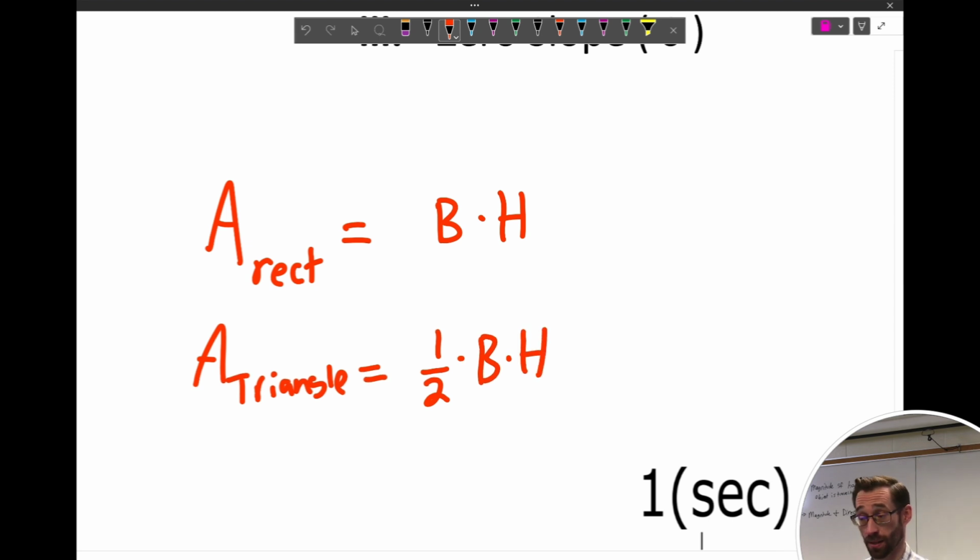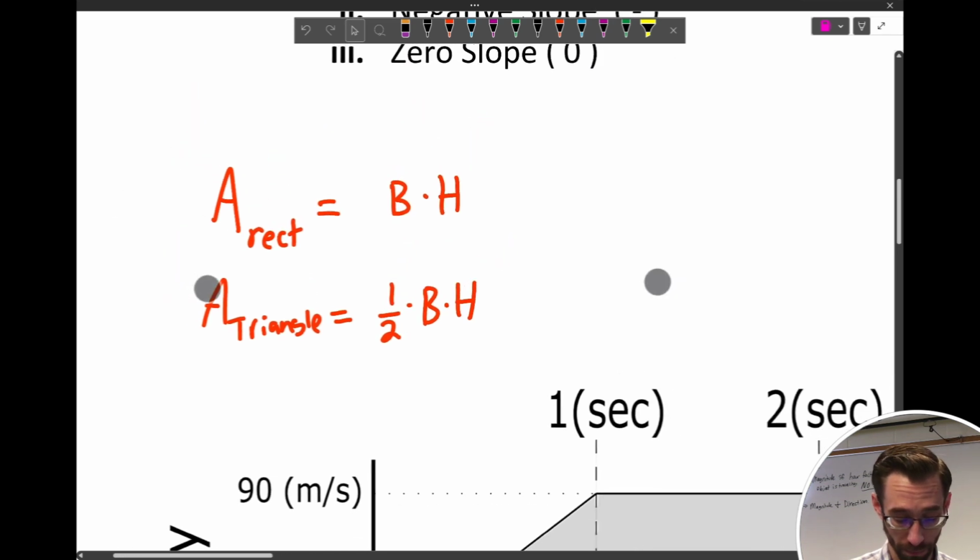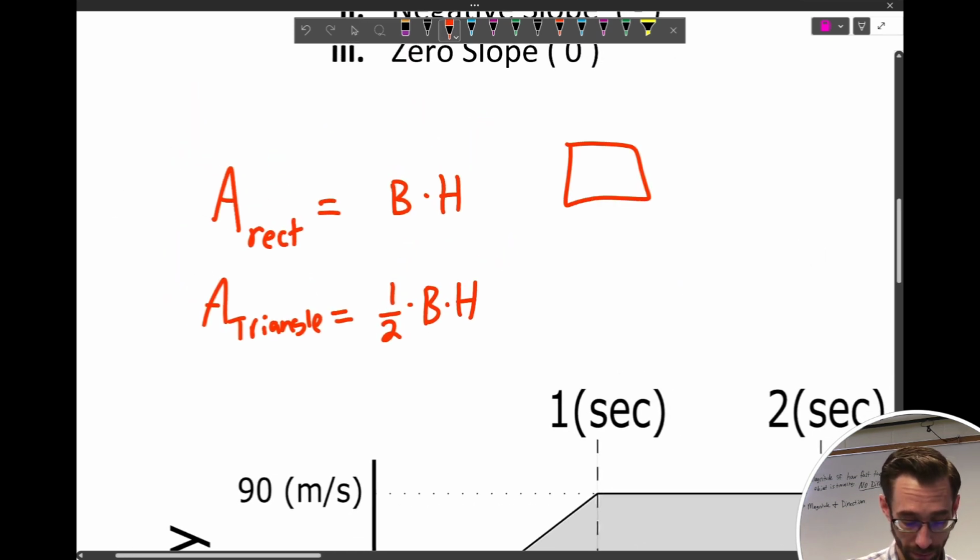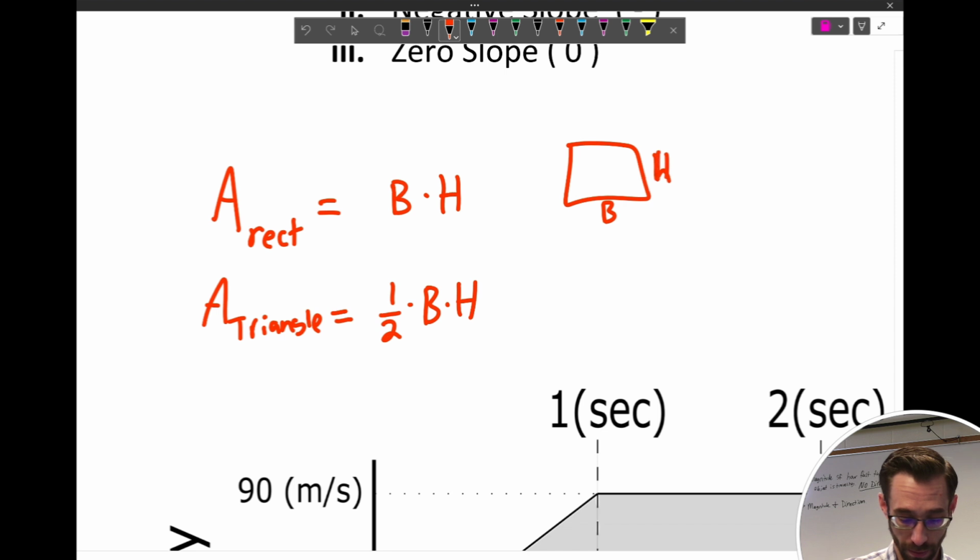One half base times height. Cool? All right. So if I've got a rectangle, base and height. If I've got a triangle, base and height. Make sense? Okay.